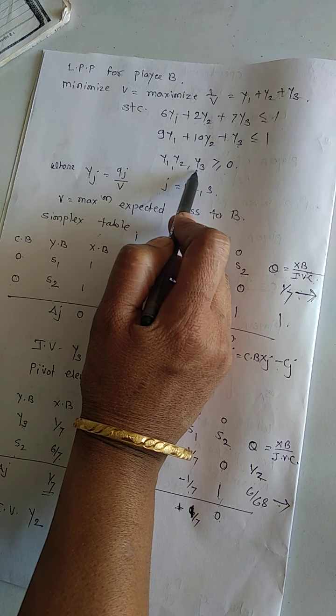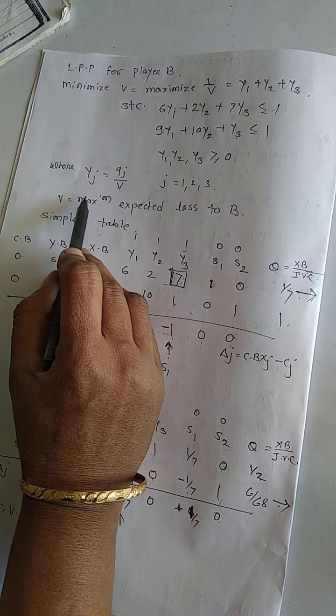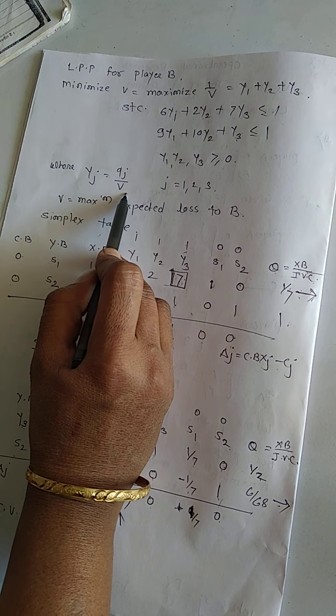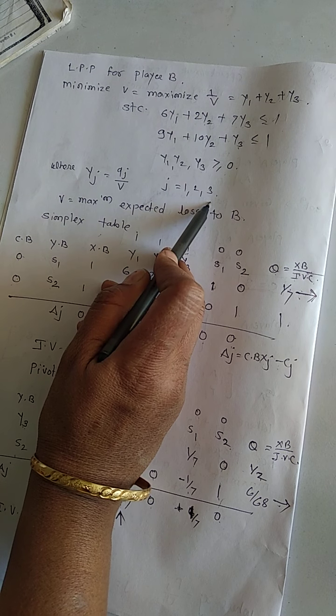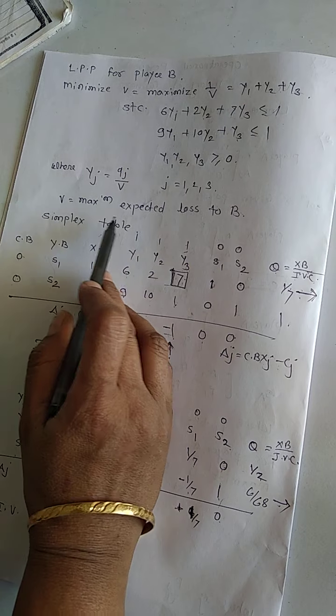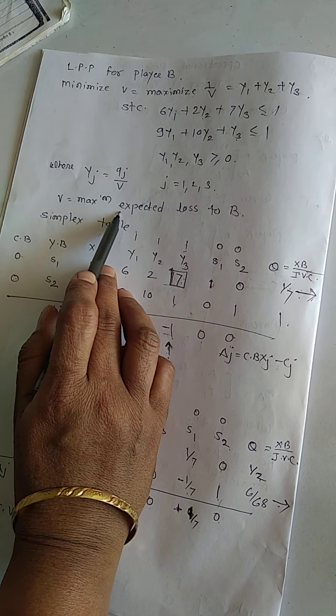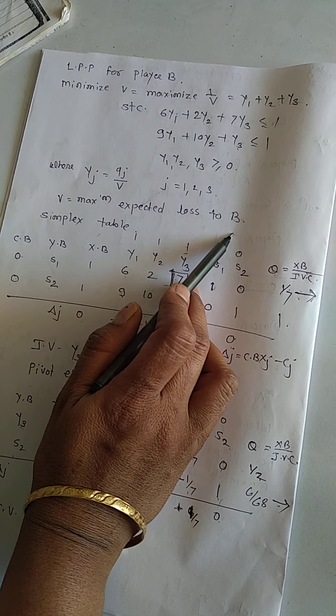Here y1, y2, y3 are all greater than or equal to 0. Here yj is equal to qj upon V, j is equal to 1 to 3 because 3 columns are present, and V is the maximum expected loss to player B.